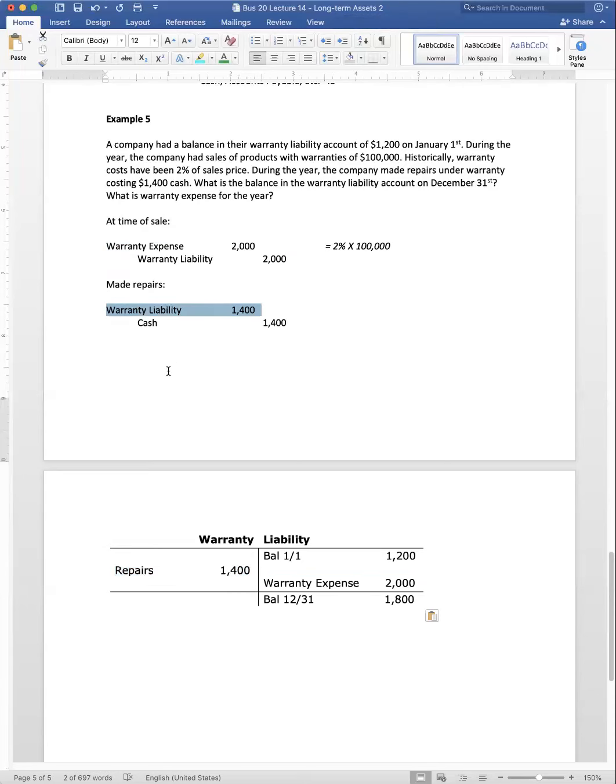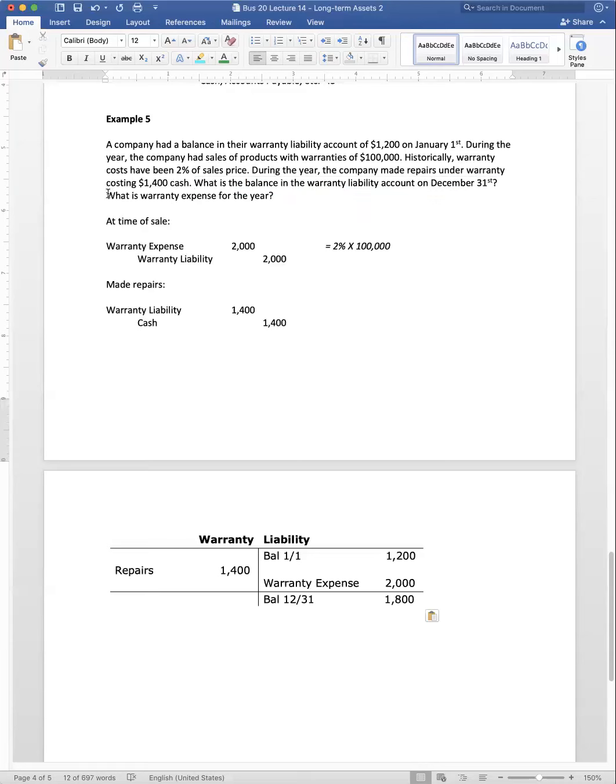And that's what we saw here with the $1,400. Okay? So the beginning amount plus the increase due to selling more products minus the decrease due to making repairs is $1,800. Okay, so to answer the question, the balance in the warranty liability account at December 31st is $1,800.